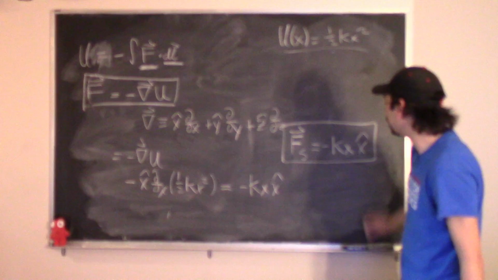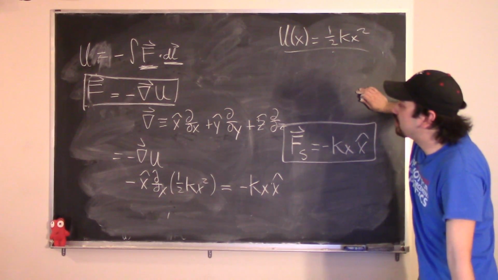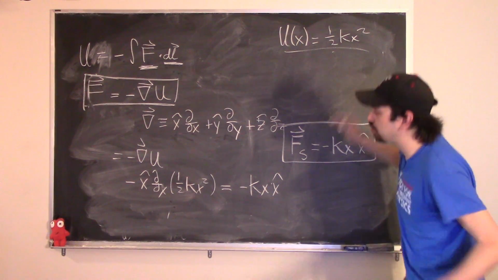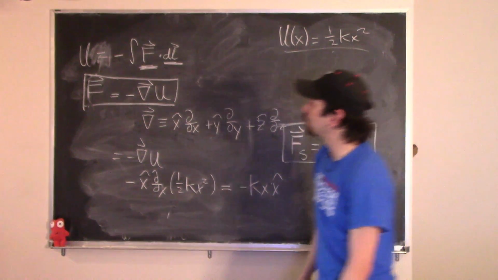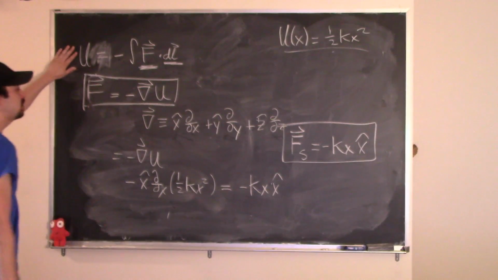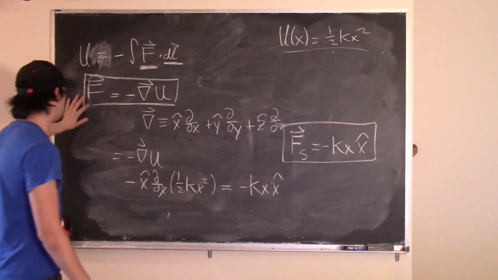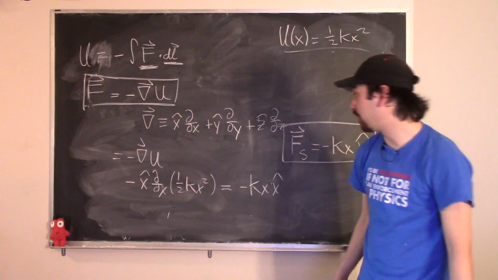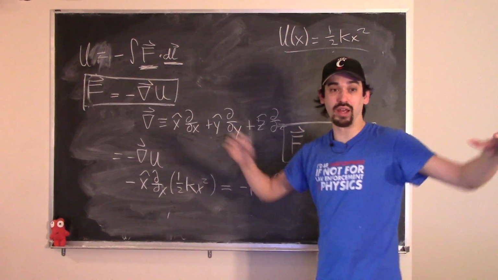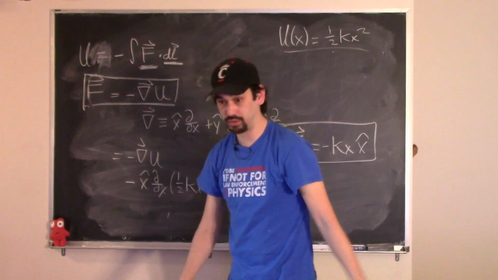So the takeaway here is that there's two equivalent formulations of mechanics, right? There's the potential energy and conservation of energy formulation, and then there's the forces and kinematics formulation. And you might be wondering why I'm going through all this trouble going over old things.